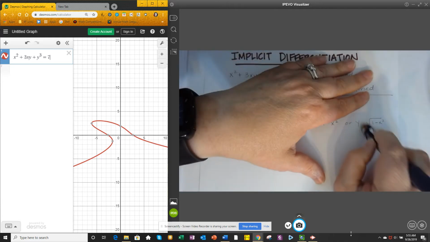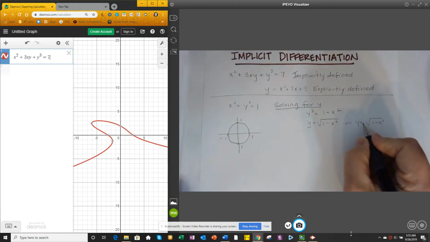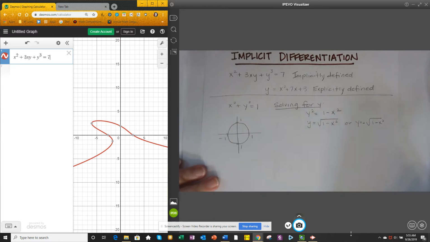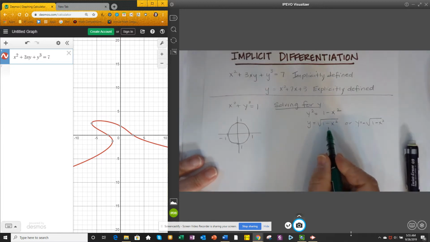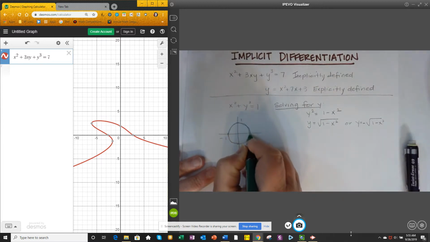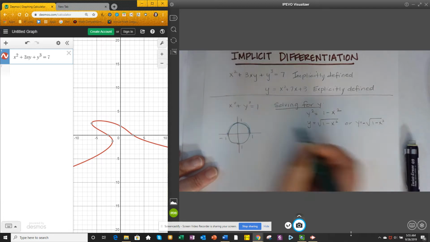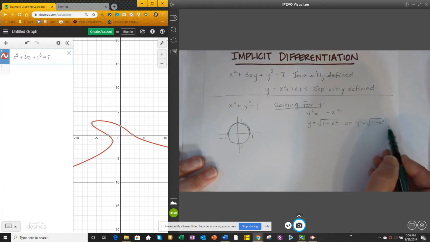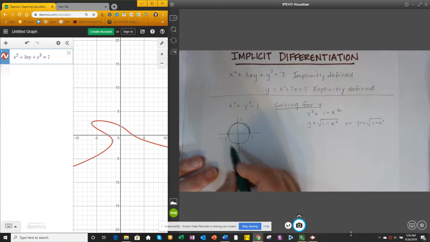Because we have to consider the negative one. Now, on this curve, y equals the square root of 1 minus x squared is the top part of the curve, and y equals negative square root of 1 minus x squared is the bottom part of the curve. And those are functions if you consider them separately.